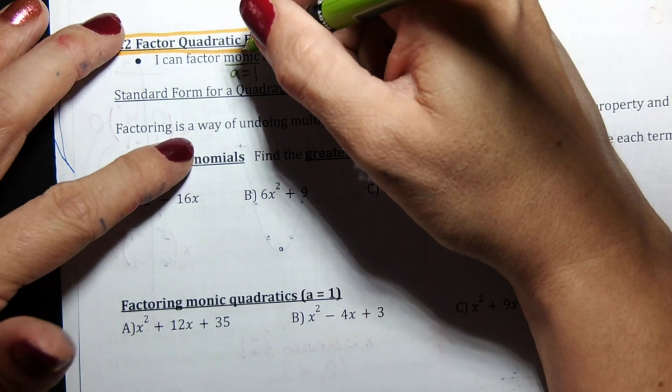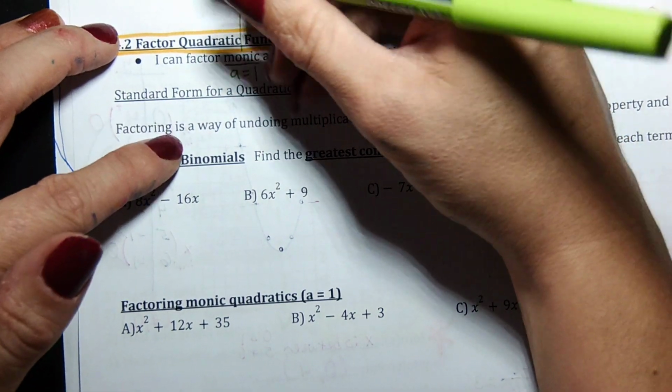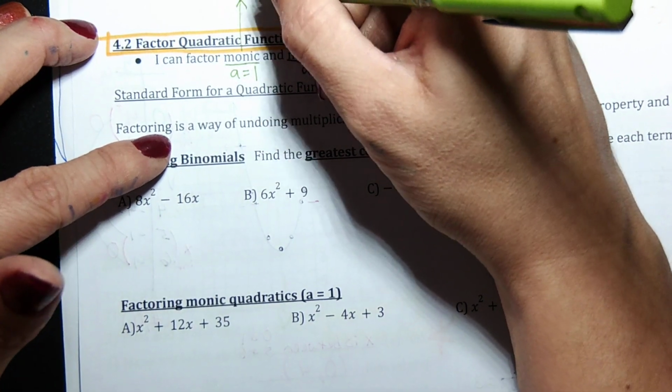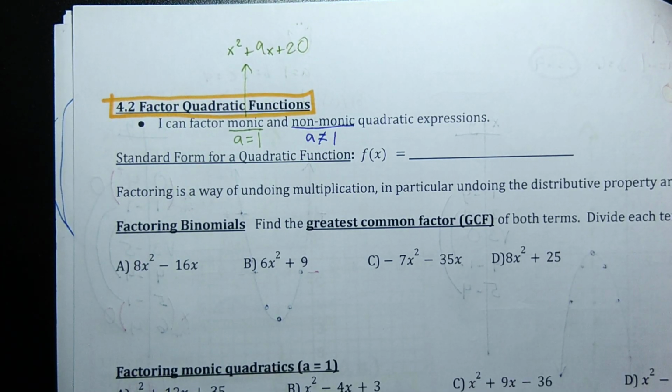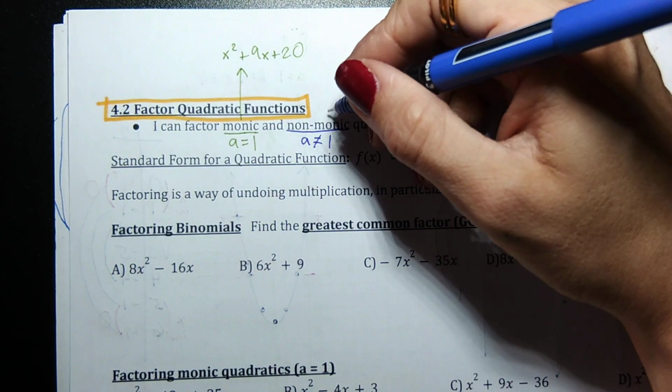So, for example, a monic would be x squared plus 9x plus 20. That's my favorite quadratic.